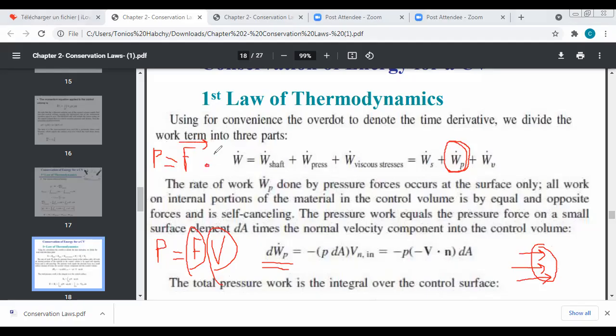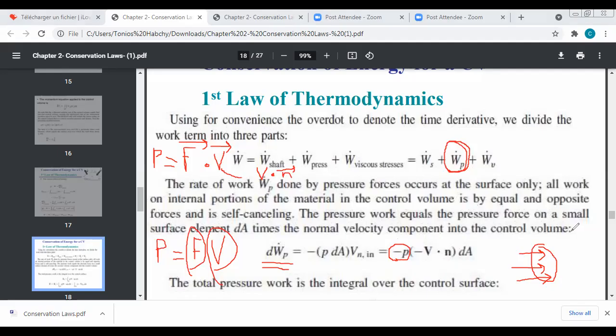So I can replace the velocity vector by V dot n. Since the pressure force is always a compressive force, I have minus P times V dot n.